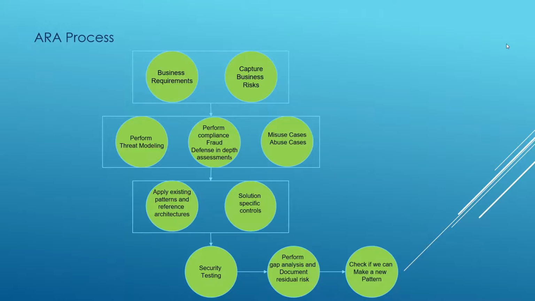Once you are done with your testing, you may find some gaps in your architecture, and you may find some issues from your VA testing or some other things you may have found. All this is going to constitute a gap in the architecture and it's going to be the residual risk. We are going to talk at a later point of time about how we manage this residual risk.